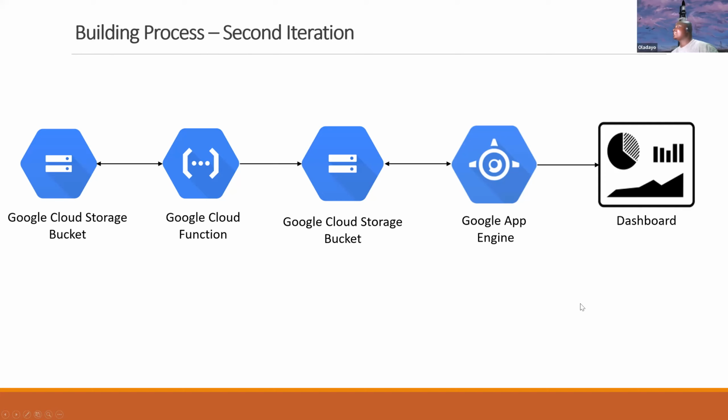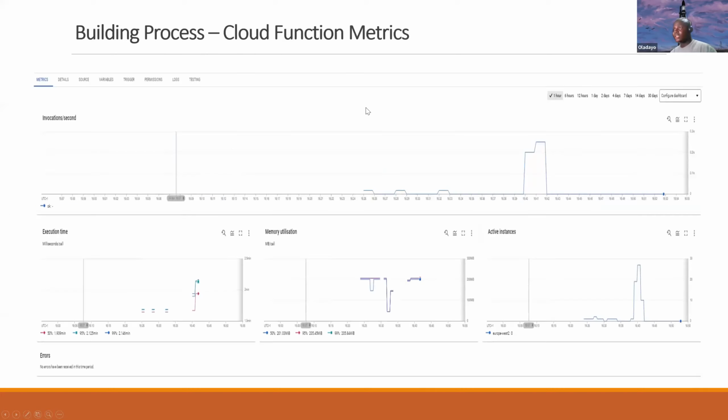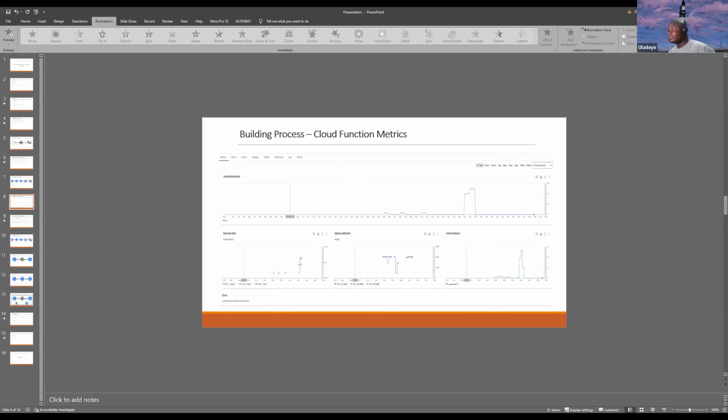And with that, I'm able to generate a new dashboard. Now, I'm going to show you what the second iteration brought in terms of the outputs. So I'm going to reshare my screen.